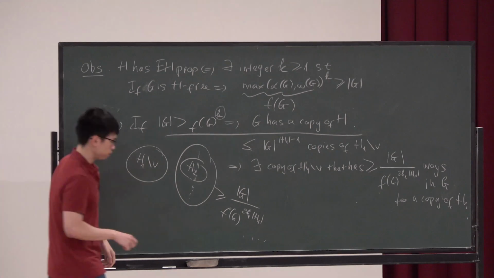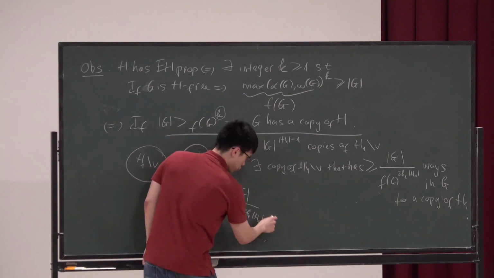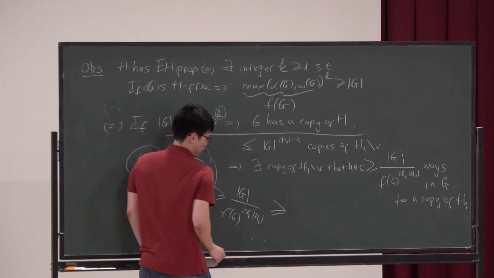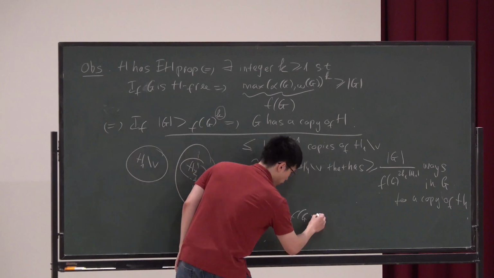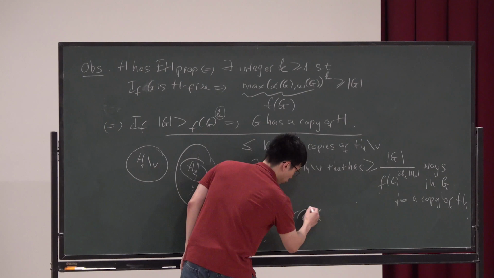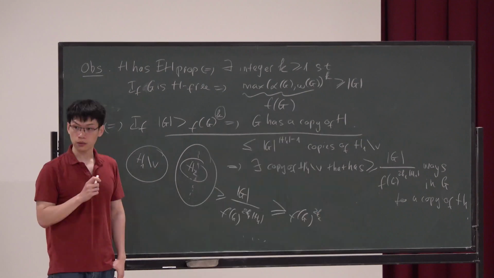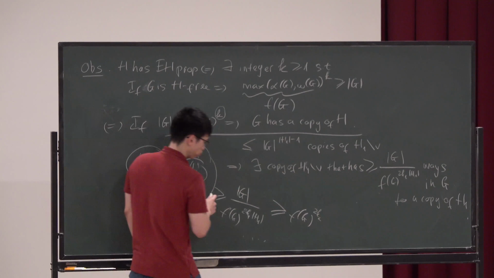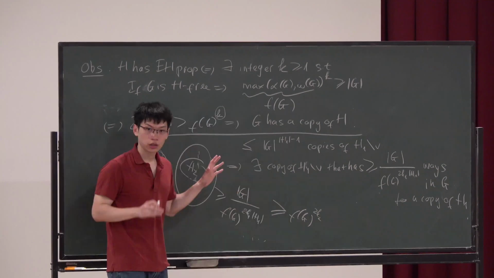So what I want to achieve here is I want this quantity to be at least f of |G| raised to the power of 2k2. Right. So if this inequality holds, then the proof is completed.